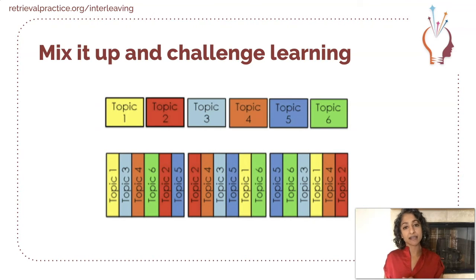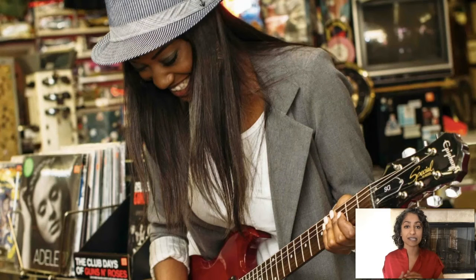Some research suggests that maybe you want to start by blocking, focusing on each concept, and then mixing them together. You can think of this for your students like a flashcard deck. Instead of students going through a flashcard deck in order, have students shuffle that information to improve that discrimination, that comparison of similarities and differences.